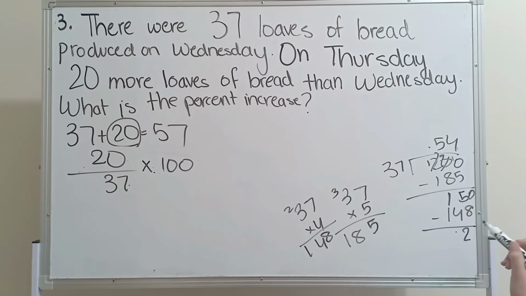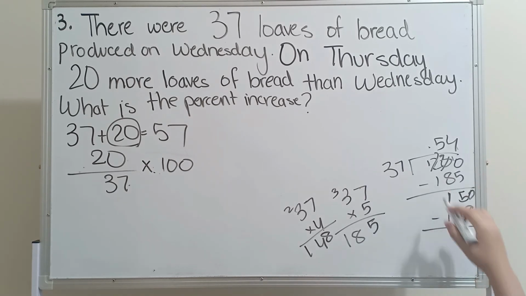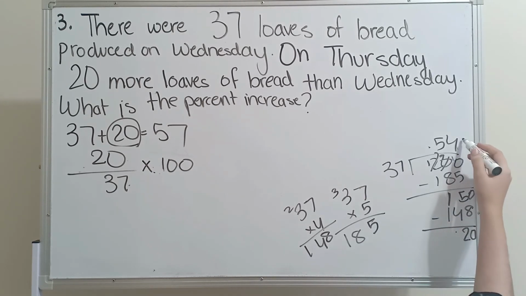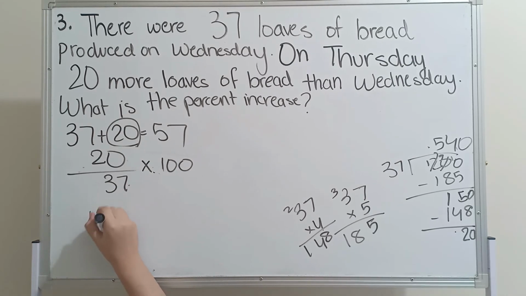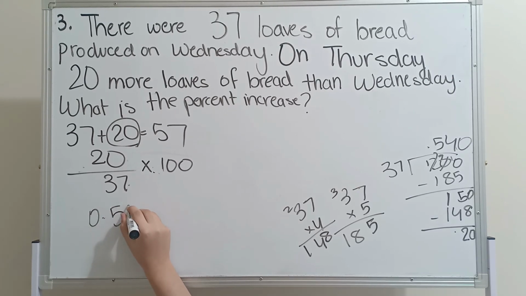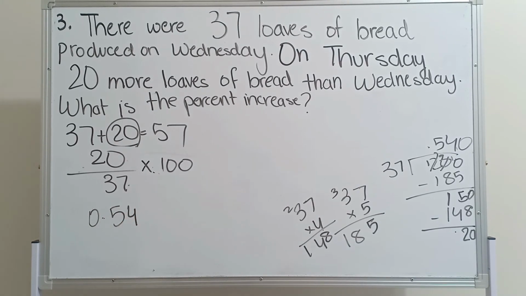So now we will put a 0 here, and it just keeps on going and going. So we know that our answer is 0.54 because that's the closest. And then we are just going to simply multiply this by 100.